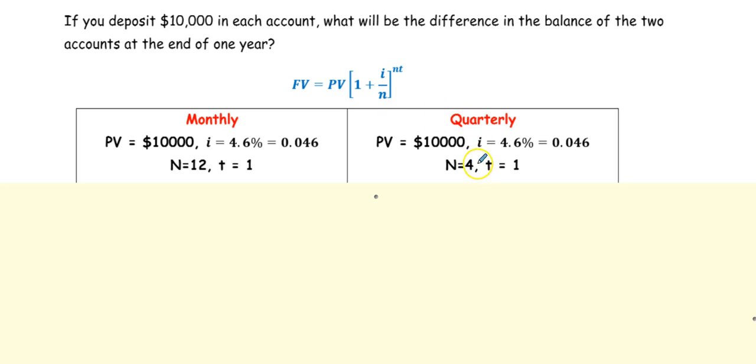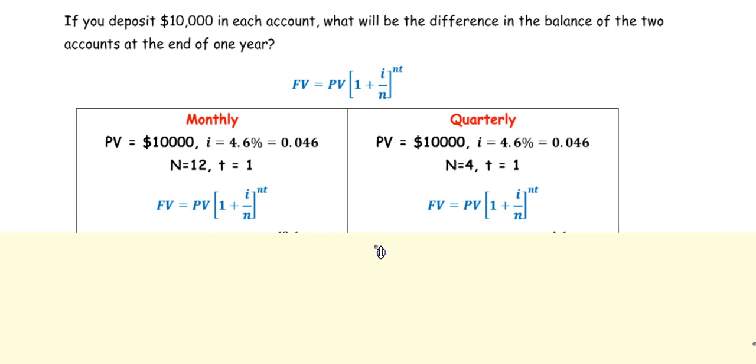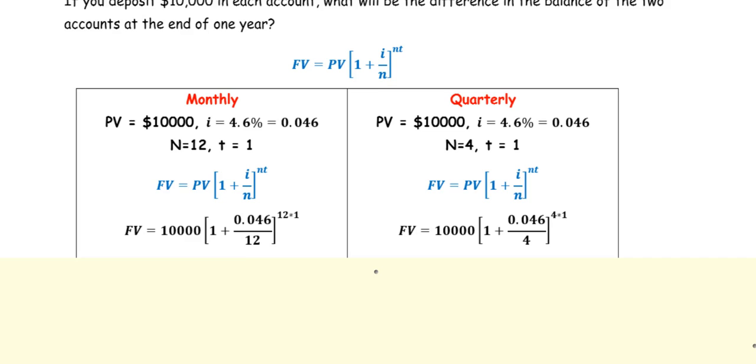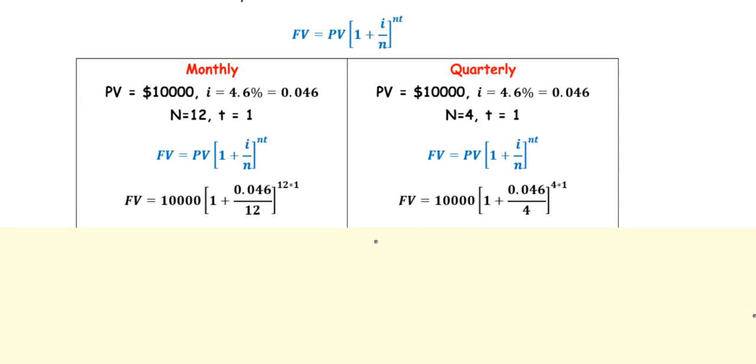Same thing for quarterly, so n equals 4 and t is 1. Let us substitute those values in the formula and use the calculator. Let us verify one of these two and then we'll compare our answers.